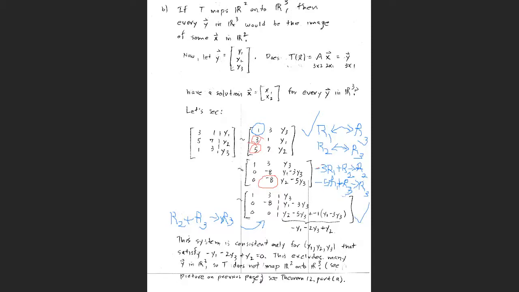All right, so look, here we get the augmented matrix in echelon form, and the key, of course, is the bottom row or equation.